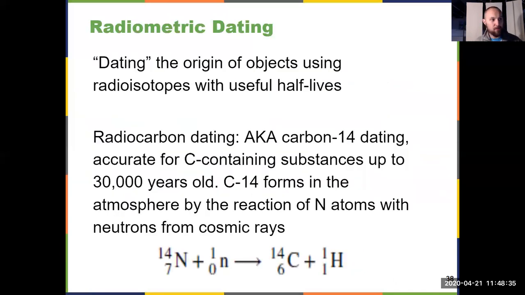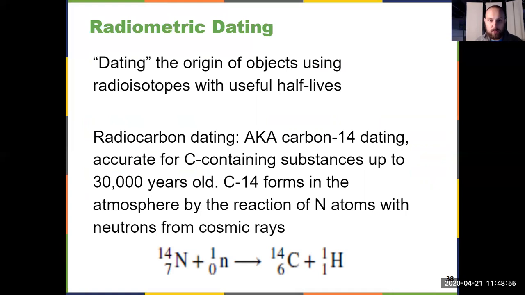The most common form of radiometric dating, which is using, right, those isotopes to gather information, for things that have useful half-lives, is radiocarbon dating or carbon dating, which uses carbon-14. Okay? Carbon-14 is unstable, radioactive.